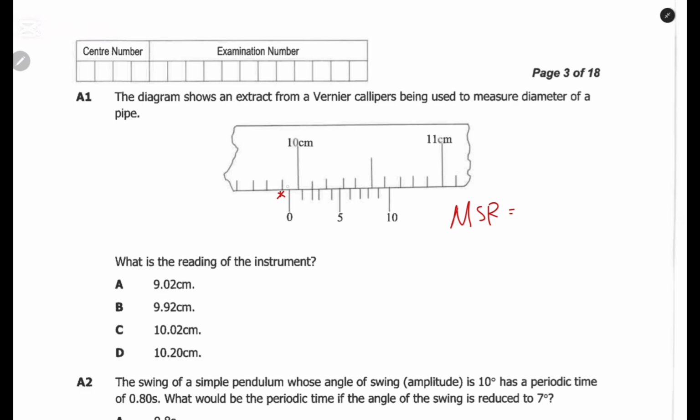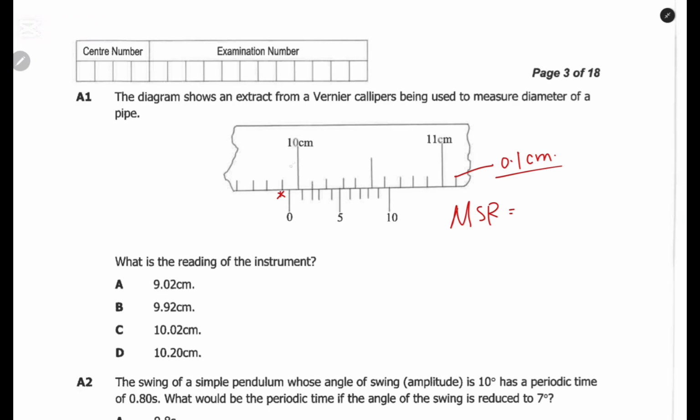Now, how do we find the number at this point? If we have 10 ahead, we do not have a number here. If we had a number here, we would have started counting from here going this side, but we do not have. Instead, the 10 is ahead. One thing you should know is that each division on the main scale is 0.1 centimeter, if the instrument is given in centimeters like this.